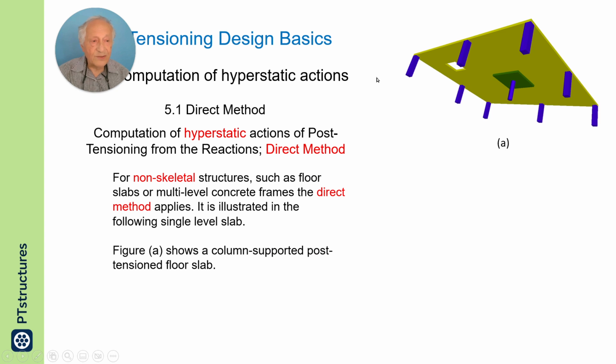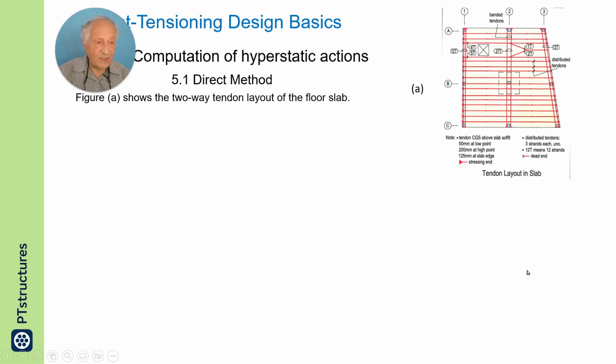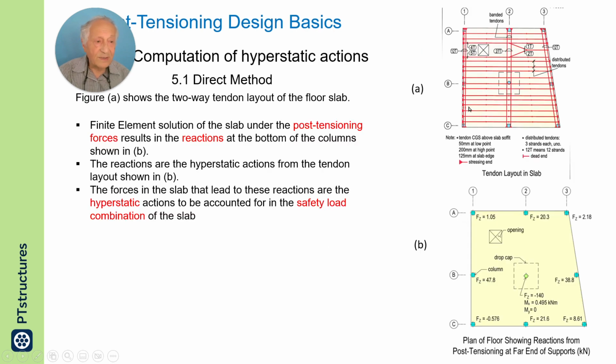It applies to slabs, and it applies to multi-story buildings. For example, if you have a slab like this, you put a load on it, you put the post-tensioning on it, you calculate from the post-tensioning the support reactions.